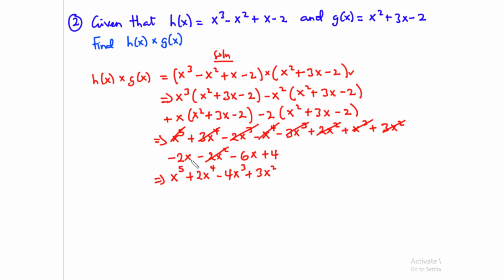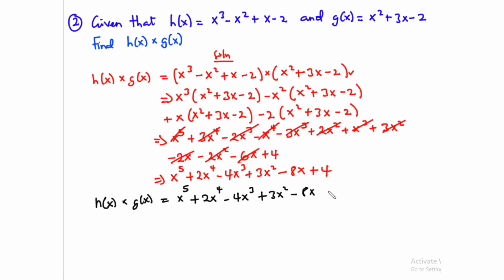Now negative 2x minus 6x is negative 8x, and then we have plus 4. So it follows that h of x times g of x is equal to x exponent 5 plus 2x exponent 4 minus 4x cubed plus 3x squared minus 8x plus 4.